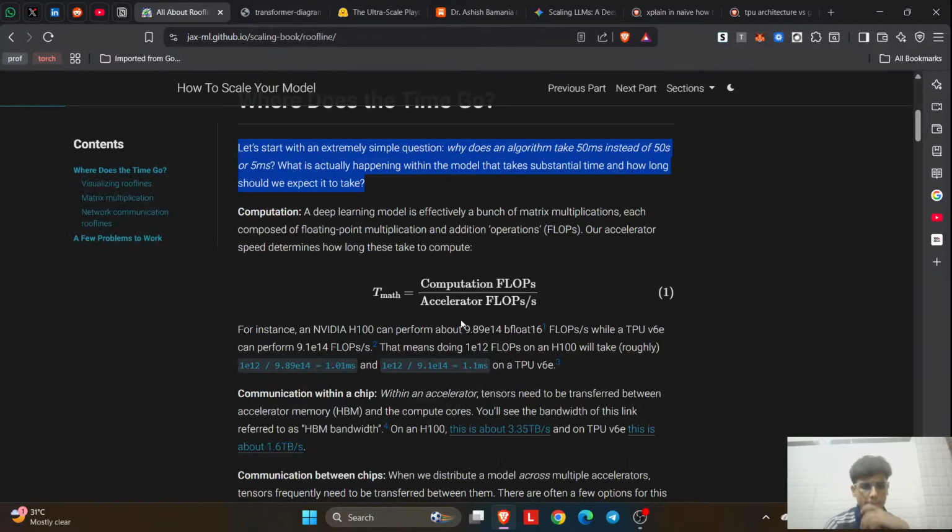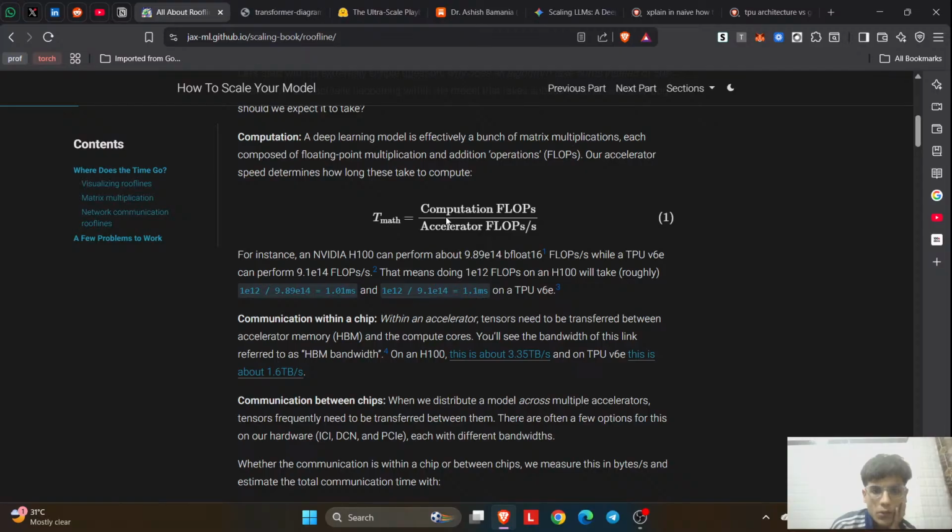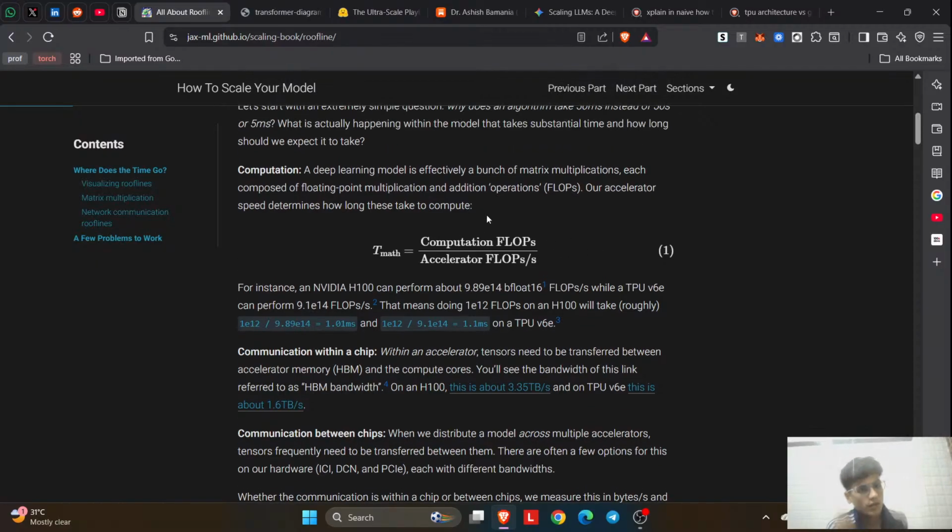Multiplication is composed of floating point multiplication and addition. Accelerator speed determines how long this will take to compute. Computation FLOPs upon accelerator FLOPs.